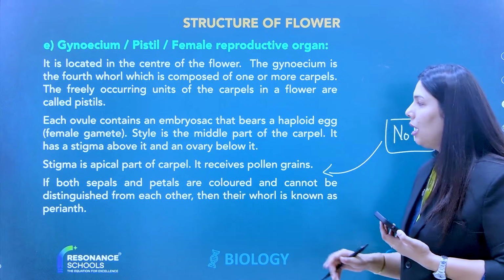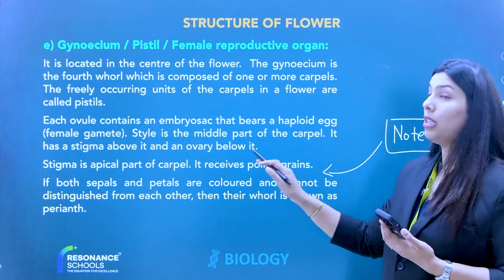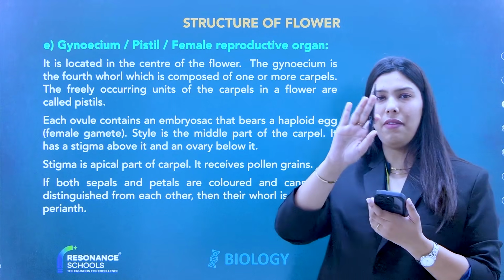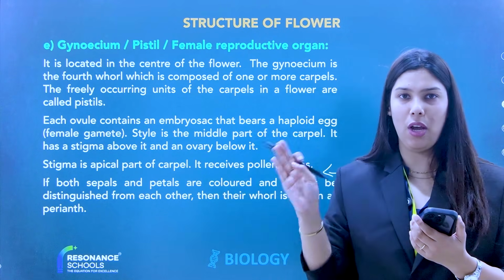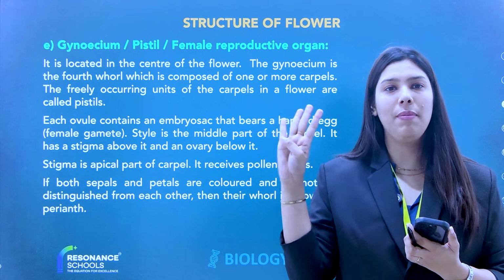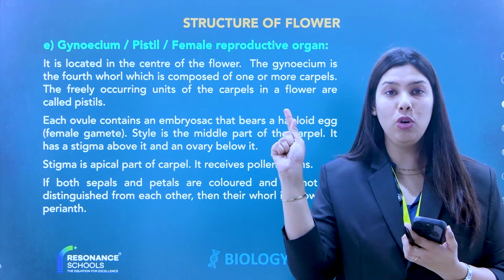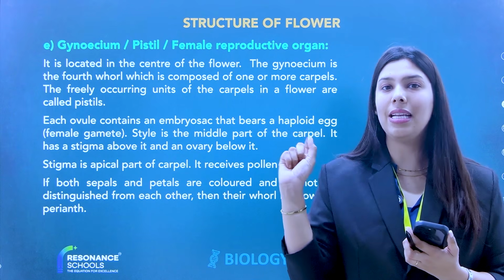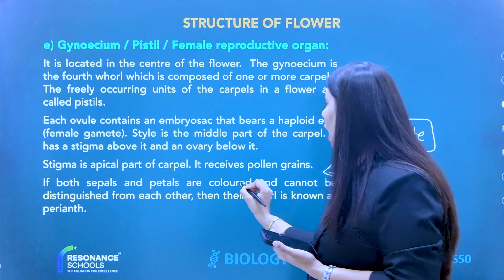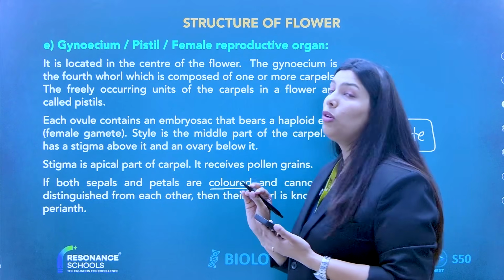This is a note: if both sepals and petals are colored. We have read about each and every part up till now: calyx, corolla, androecium, gynoecium, four parts done. Now they are telling about two parts, calyx and corolla, the sepals and petals. If the sepals and petals are colored, what do you know about them?